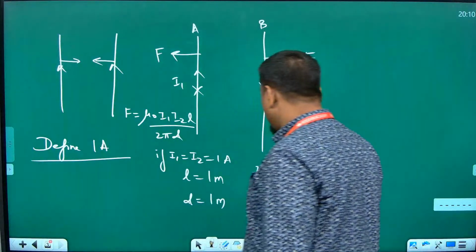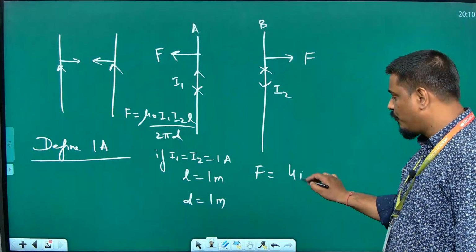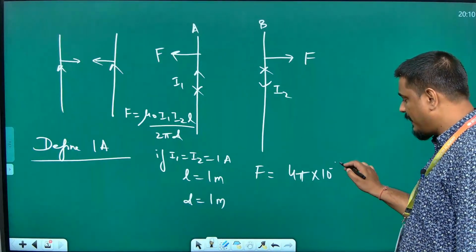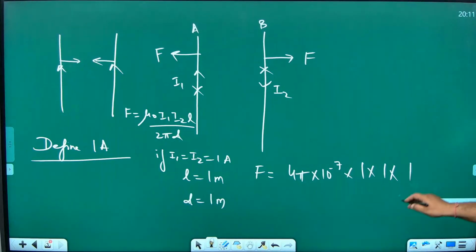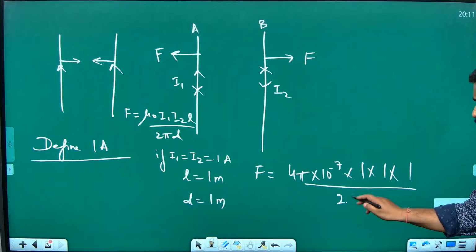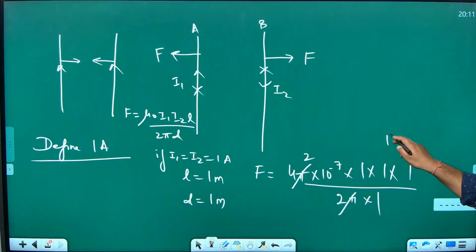F is going to become equal to mu naught. Mu naught is how much? 4 pi times 10 to the power minus 7. I1 is how much? 1. I2 is how much? 1. L is how much? 1. Divided by 2 pi. D is how much? 1. 2 pi will make it 2 times. How much will the force be? 2 into 10 to the power minus 7 Newton.